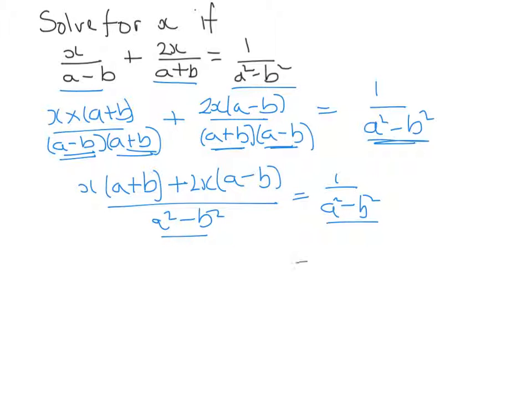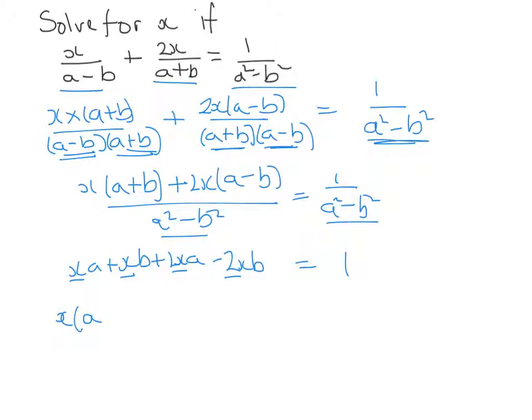And after I've done that, I'll expand both these brackets. So xa plus xb plus 2xa minus 2xb. Now the next thing I'll do is I've got an x and an x and an x and an x. I'll take out each of those x's and factorize it.